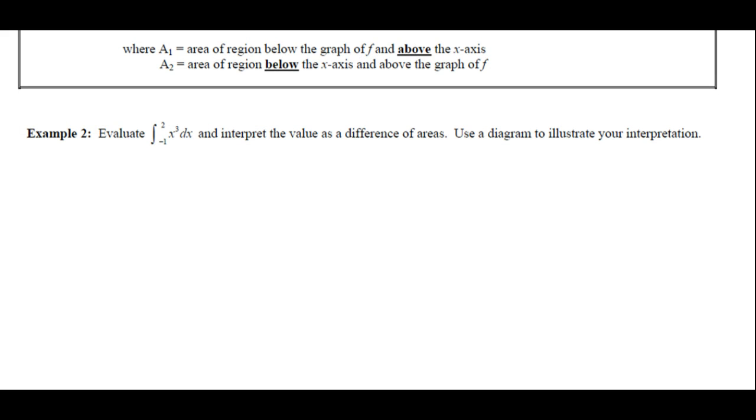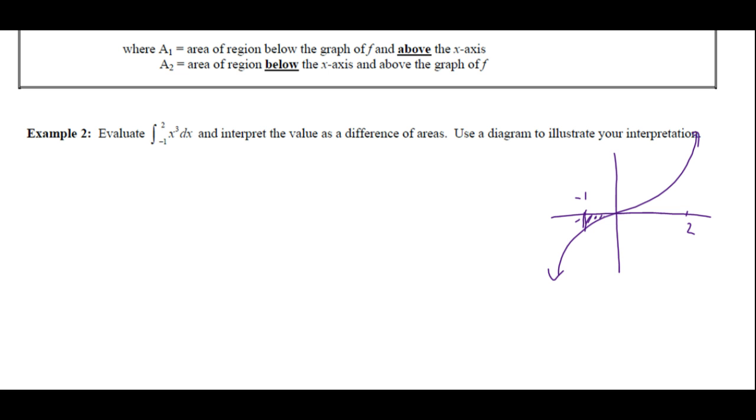So evaluate the integral from negative 1 to 2 of x cubed dx, and interpret the value as a difference of areas. Use a diagram to illustrate your interpretation. Should we draw a diagram first? Or, we could. So it's an x cubed, and we're going from negative 1 to 2.